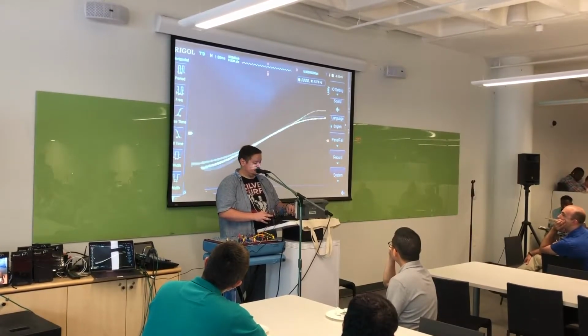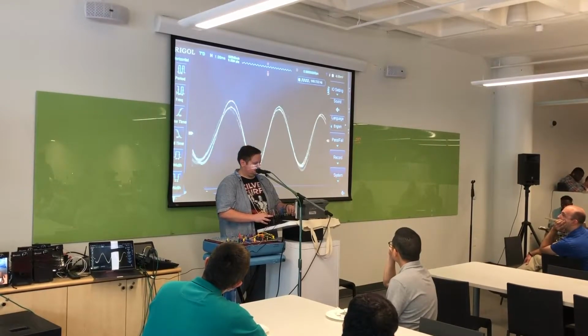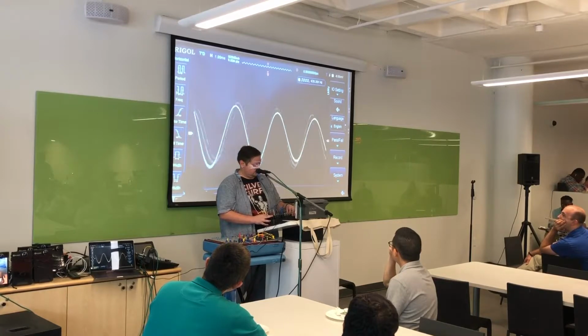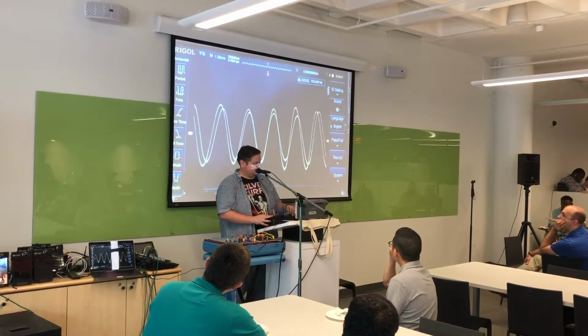It's very slow right now, but there's one oscillator that's being modulated by the other oscillator.